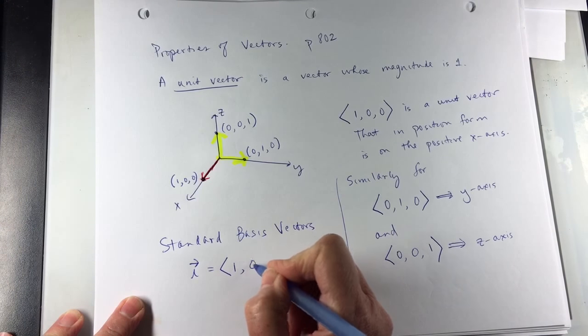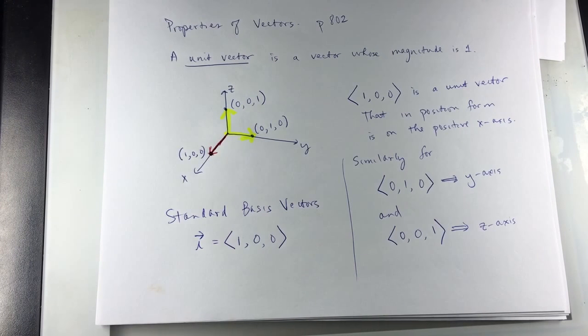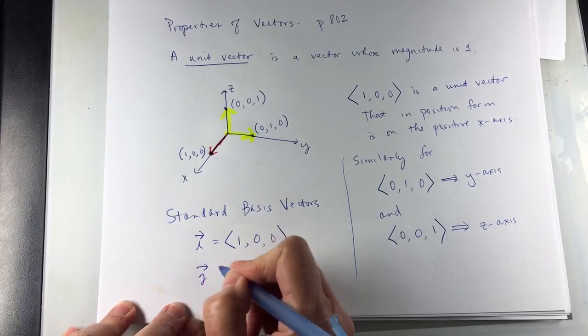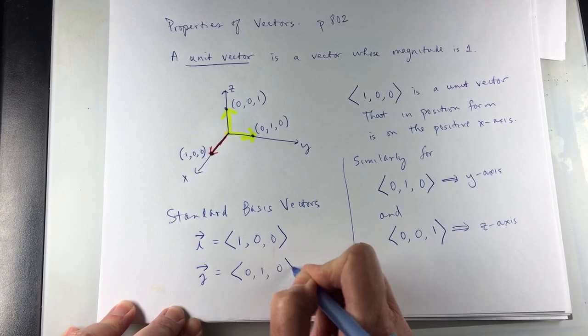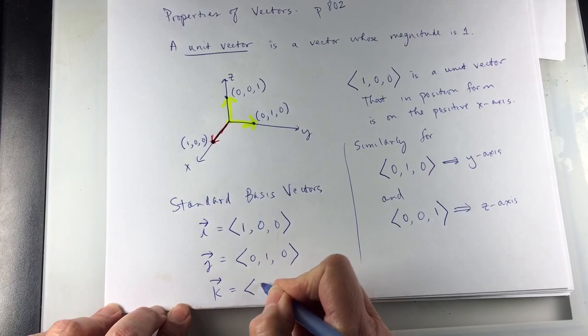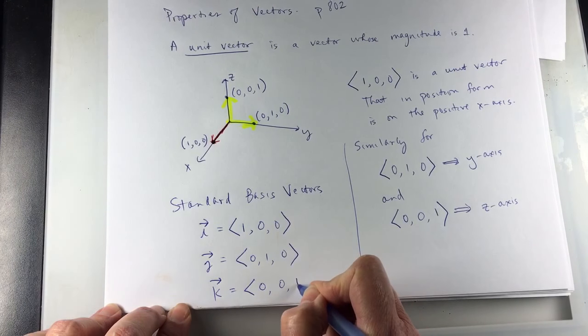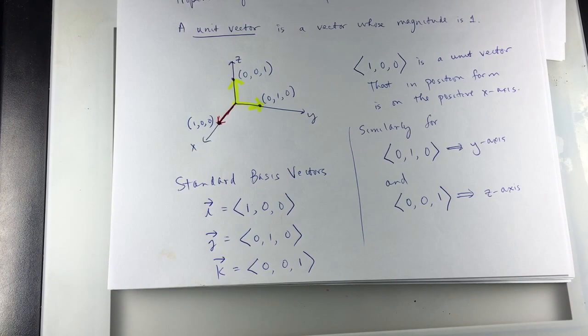Vector I is vector 1, 0, 0. And if you're in 2 space, you would just leave off that last component. Vector J is vector 0, 1, 0. And vector K is 0, 0, 1. They're called the standard basis vectors.